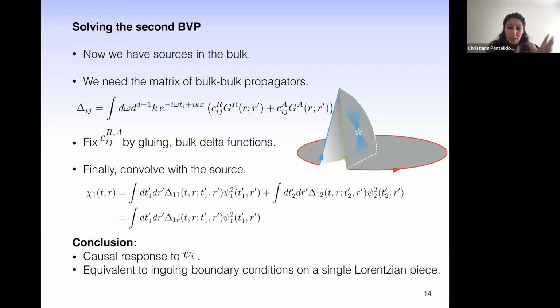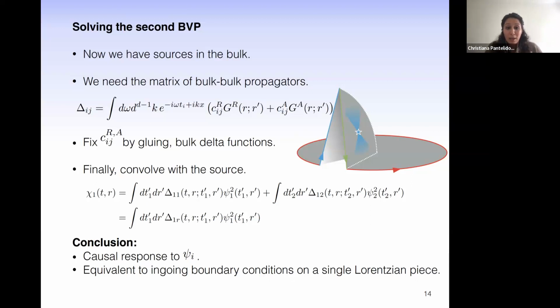So in the same way as before, this computation shows us that instead of doing this calculation on this piecewise geometry, we can simply consider just one Lorentzian segment and impose ingoing boundary conditions at the horizon. So the question that I posed earlier, whether the Skenderis prescription applies to higher point functions, the answer is yes. At least at the level of 3-point functions, this is what we've proven here.